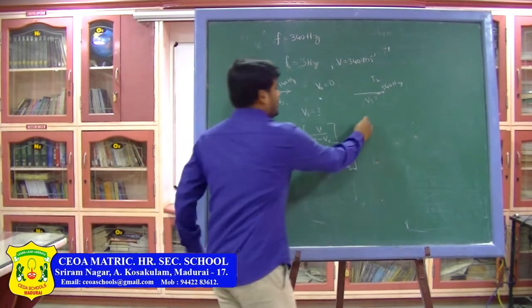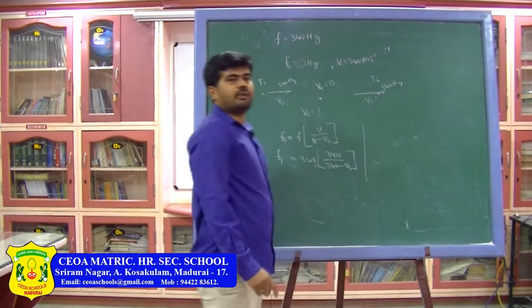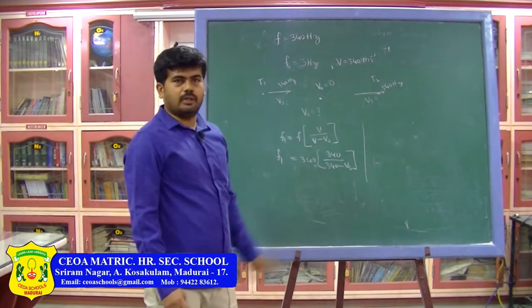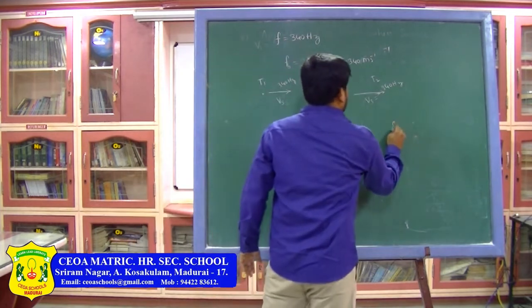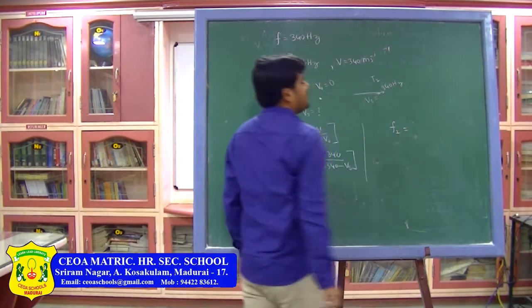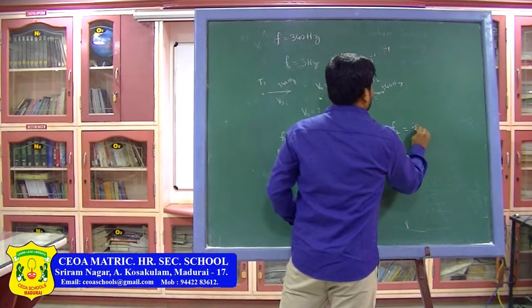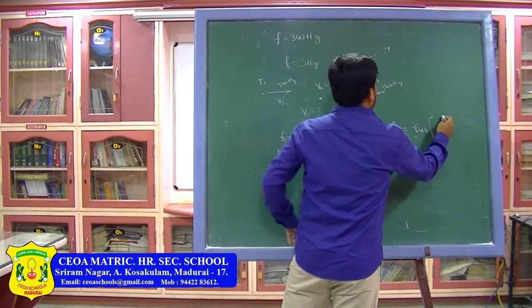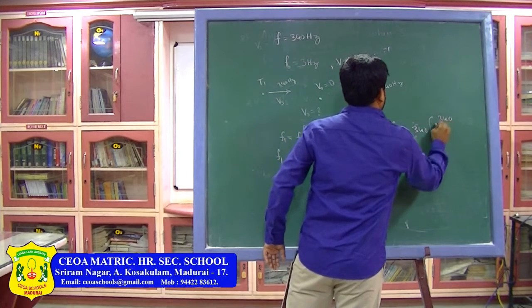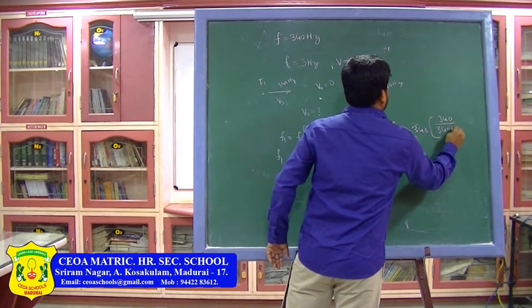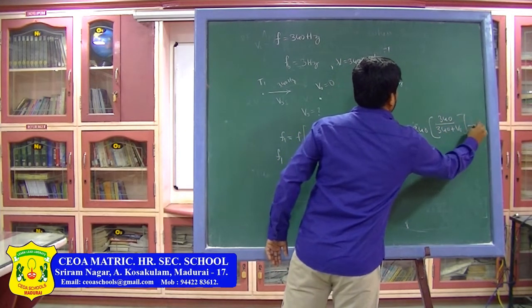Next, when the second tuning fork is moving away from the observer, the apparent frequency f2 is equal to 340 into 340 divided by 340 plus Vs. Okay, this is another equation.